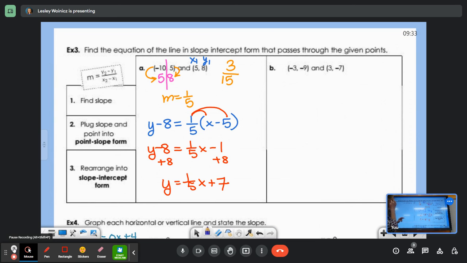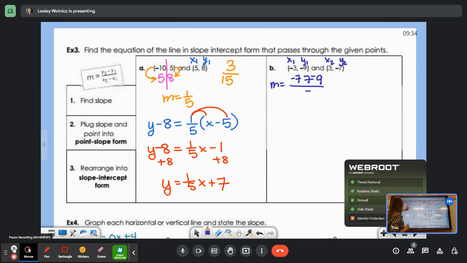Okay, so I'll go back and do the slope formula again in case you want to see that one. So our m will be given by, let me label, x sub 1, y sub 1, x sub 2, y sub 2. So my y sub 2 is negative 7. My y sub 1 is negative 9. So I have minus a negative, which is going to turn into a plus because I have the minus from the formula and the minus from the 9 that turns into a plus.